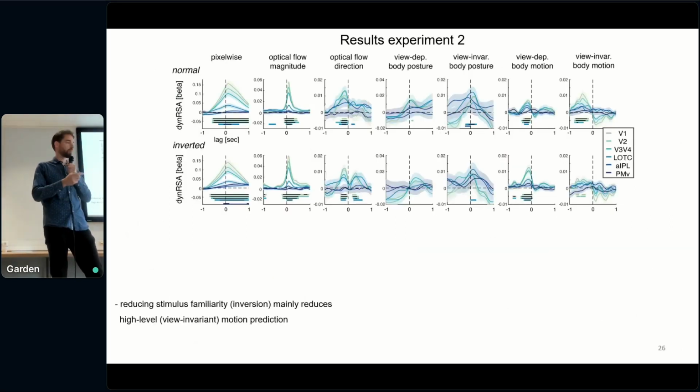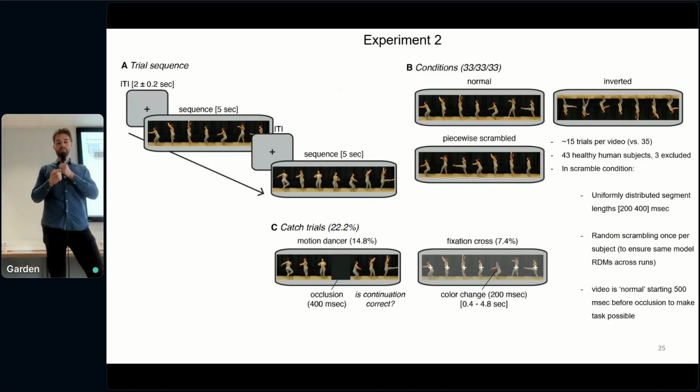First of all, maybe one more thing. We had more subjects now, 43, and we used 40 subjects in the end, but we have less data because we have three conditions now. So the amount of trials per video per condition is only about 15.